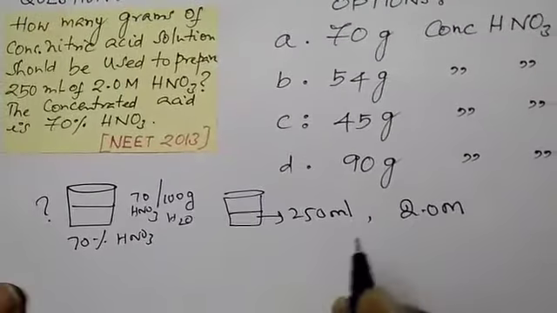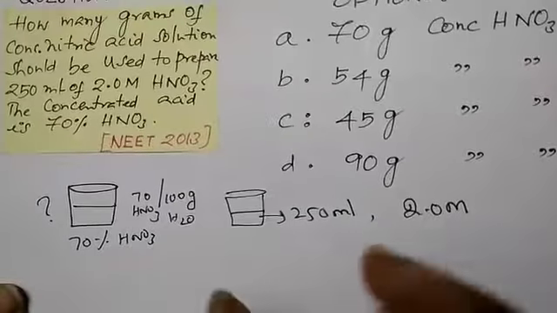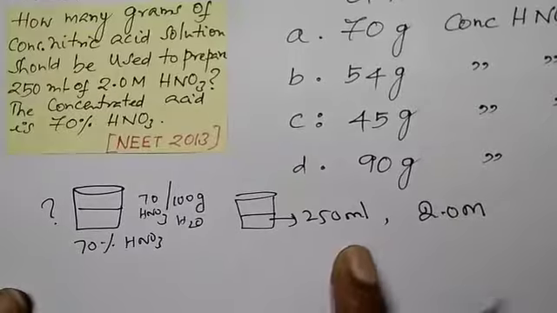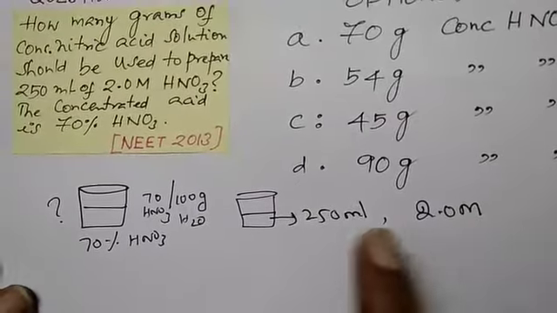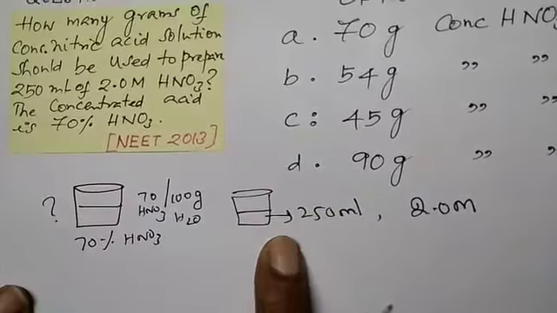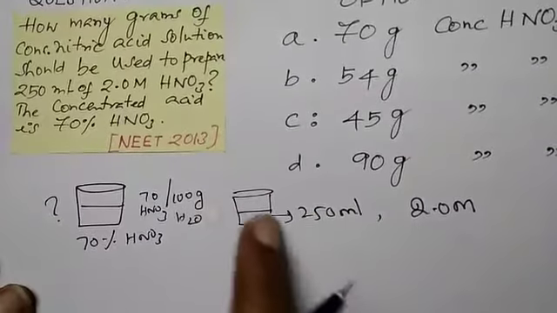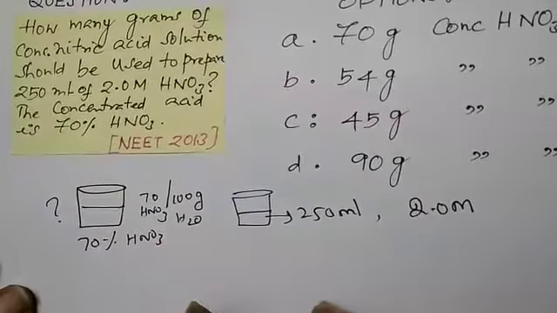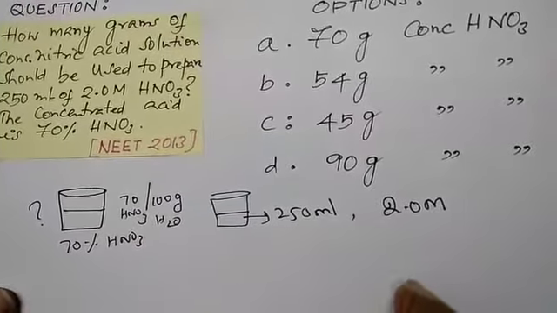First we have to find out how much nitric acid is present in this solution. The solution volume is available, molarity is available. From that, find out the weight of nitric acid in this solution. And then we come to the calculation to get the weight of the concentrated solution. So now I am going to the first part of the problem.